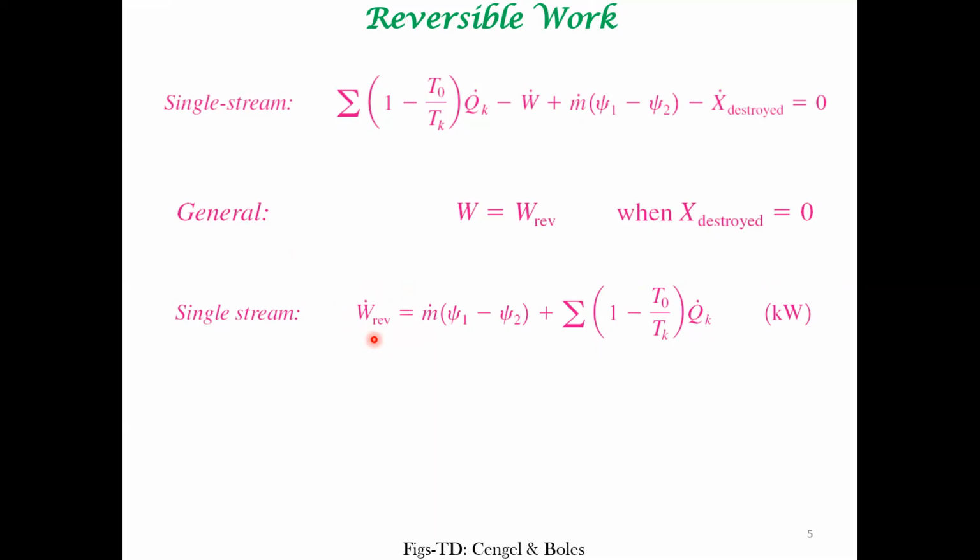So that's going to help us define the efficiency. For an adiabatic system, single stream, this term becomes 0. Therefore, the reversible work is just the incoming exergy minus the outgoing exergy, which gives the expression for maximum power that can be obtained from the system. Again, this is going to help us in defining efficiency measures.